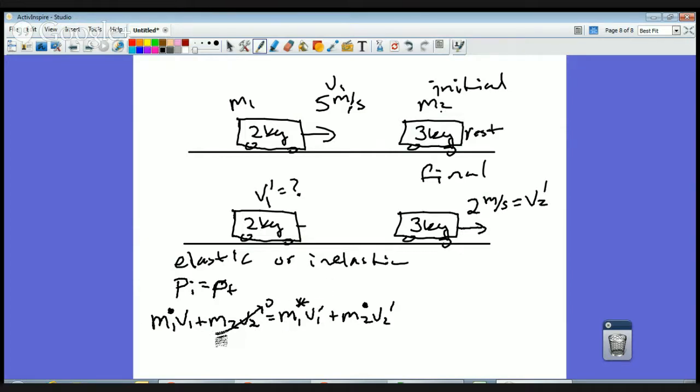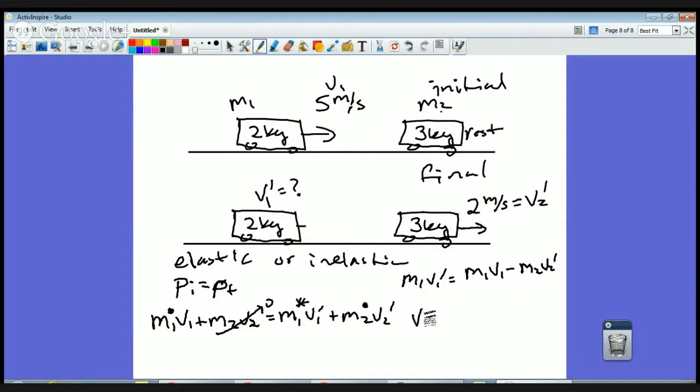All right, so what I end up with is M1 V1 prime is equal to M1 V1 minus M2 V2 prime.